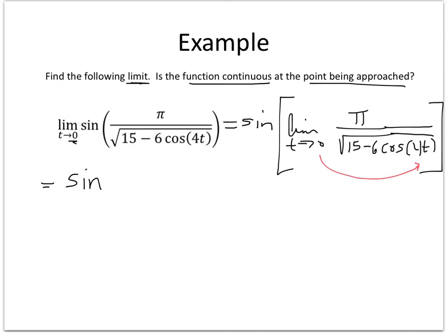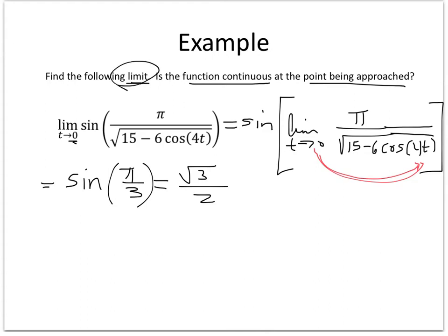So in other words, I just did a whole bunch of steps at once. So all I did was plug in this 0, and then I'm going to end up with the sine of pi over 3. Anybody remember that one? Square root of 3 over 2. You must have had a good pre-cal teacher that made you memorize this stuff. Very good. All right, so this is that answer.